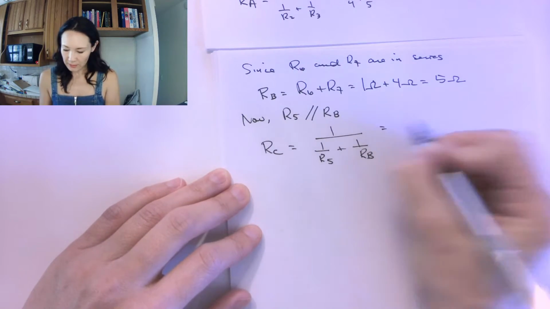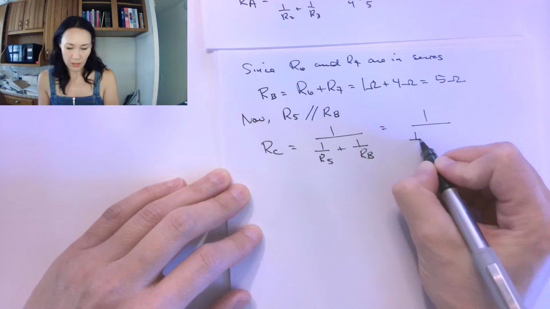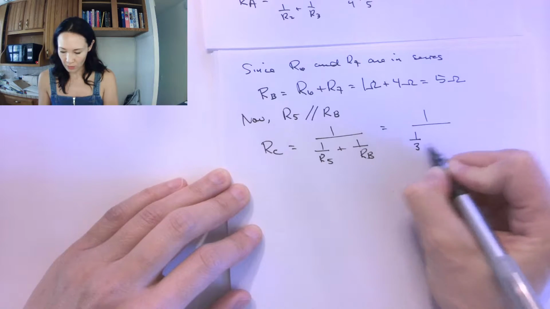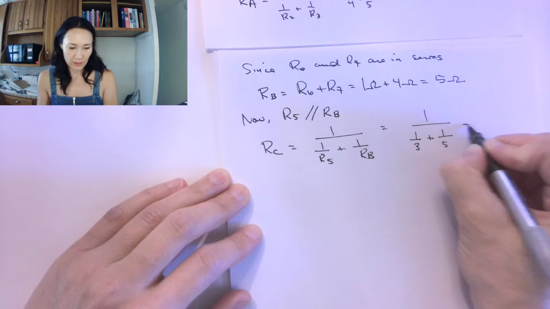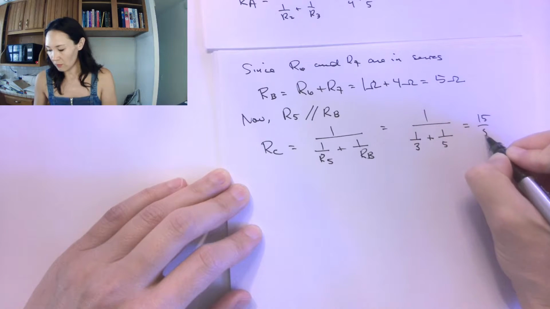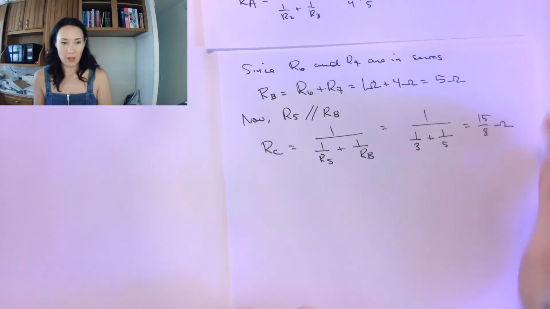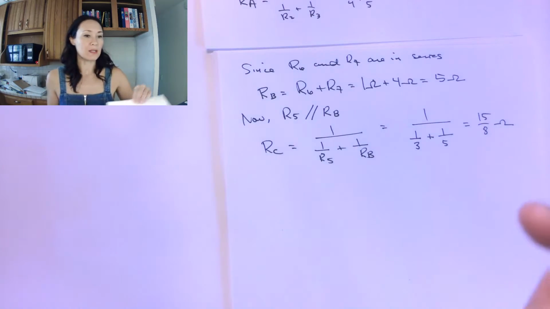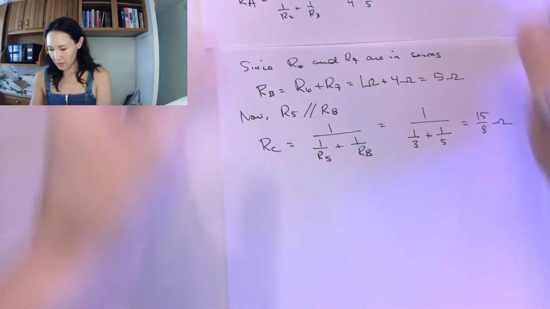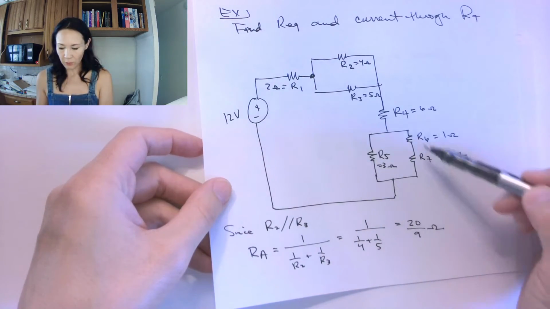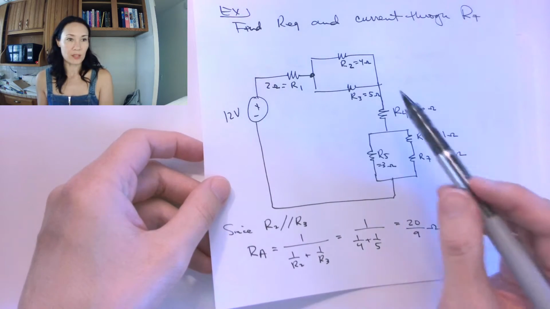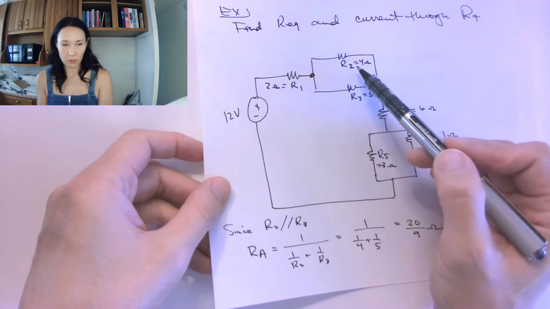So this is going to be 1 over R5, which is a 3 ohm resistor. RB we found to be 5, so this will be 1 over 5. So this gives me 15 over 8 ohms. So at this point, I have replaced these parallel networks with just one resistor each.